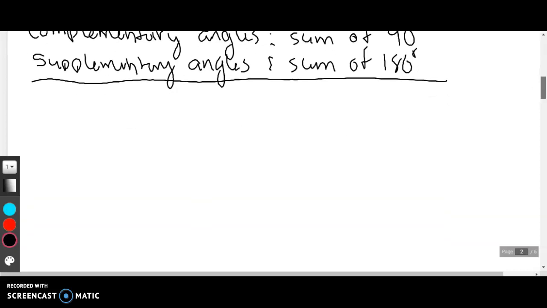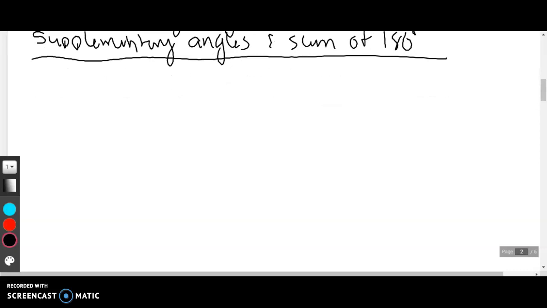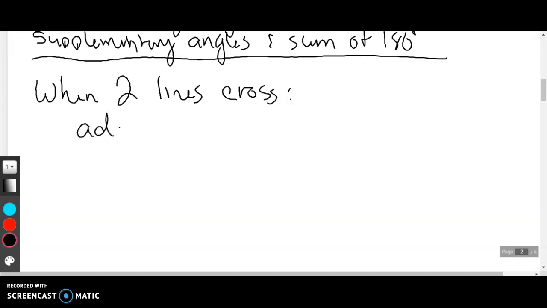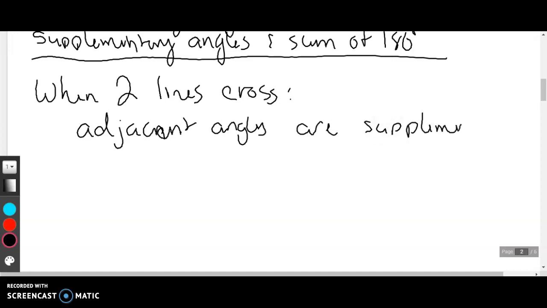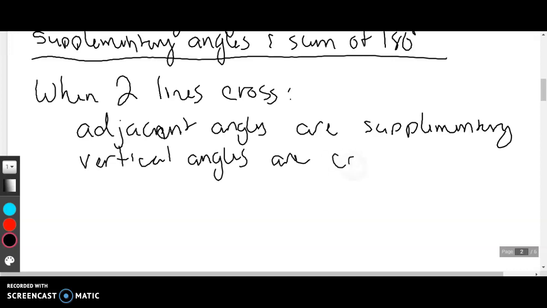Now I'm going to focus on supplementary angles for a minute here, because another key thing that we talked about briefly last week is that when 2 lines cross, the adjacent angles are supplementary, and the vertical angles are congruent.